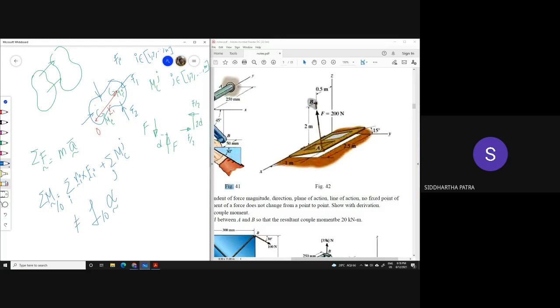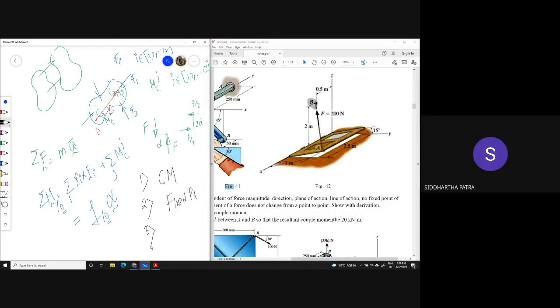The equality only holds for a special set of points. What are those points? Number one is the center of mass. Number two, a fixed point in space.